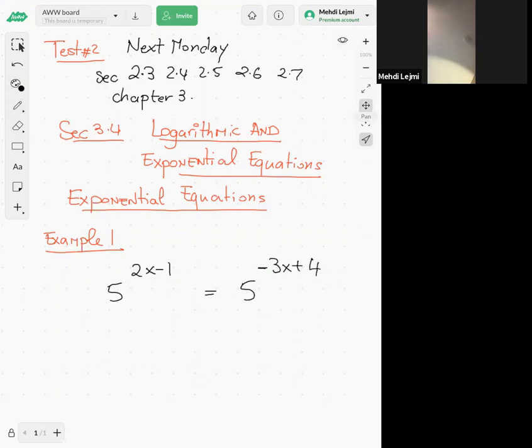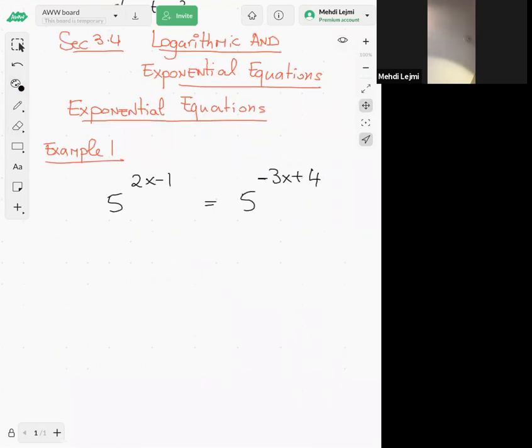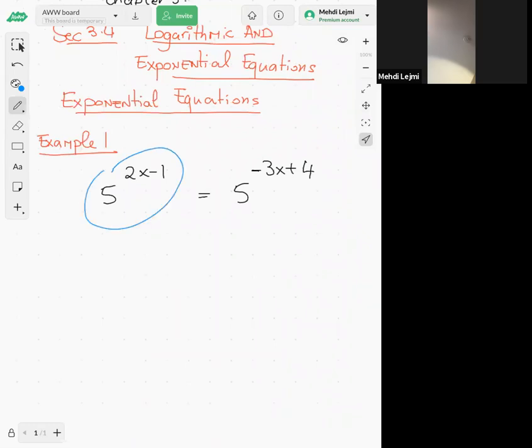So this is an exponential equation because on both sides we have exponential functions. For example, this left side is an exponential function because you have some constant to some power involving x.